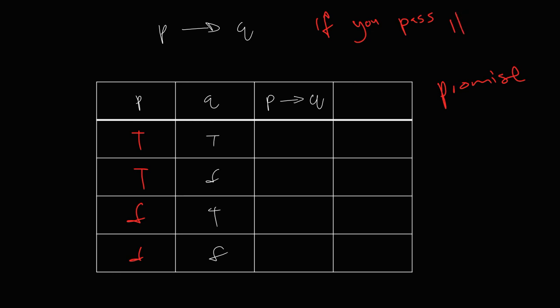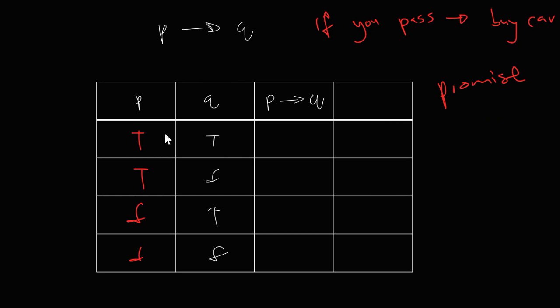Let me not use English. P implies buy a car. If you pass, I'll buy you a car. That's a promise, right? A pinky promise or a red promise. So if you pass, I buy you a car.